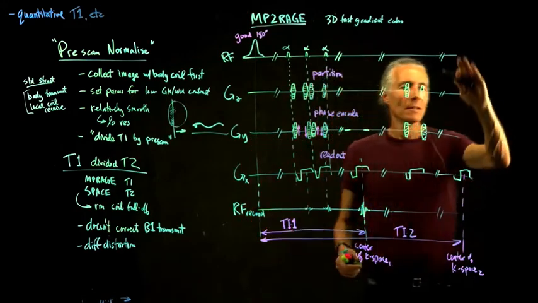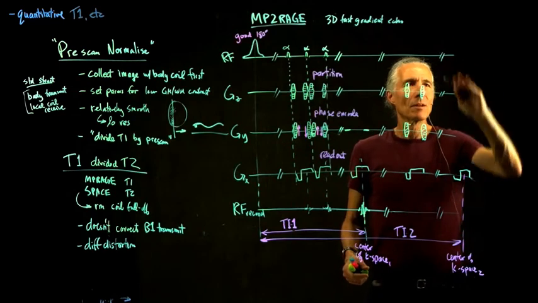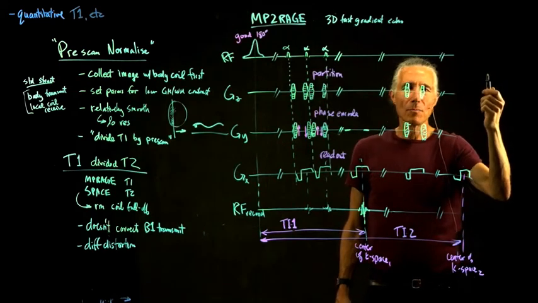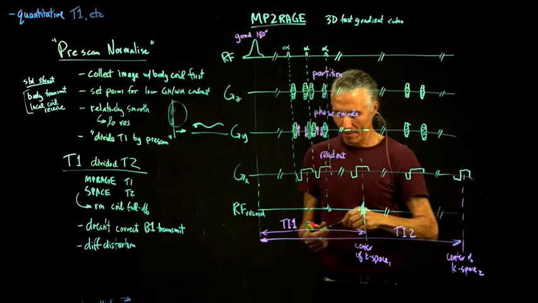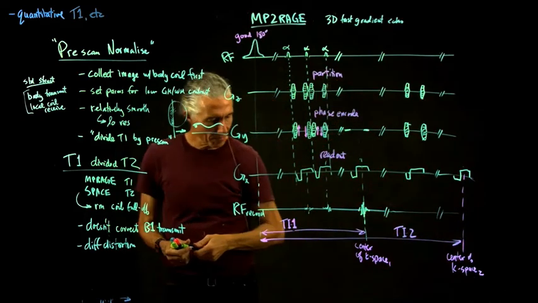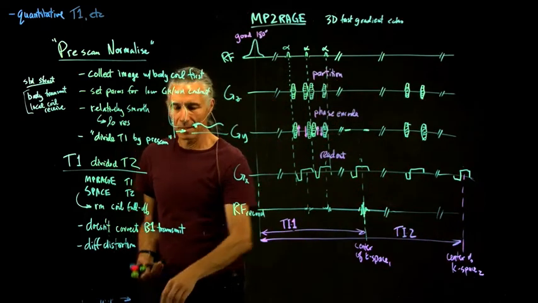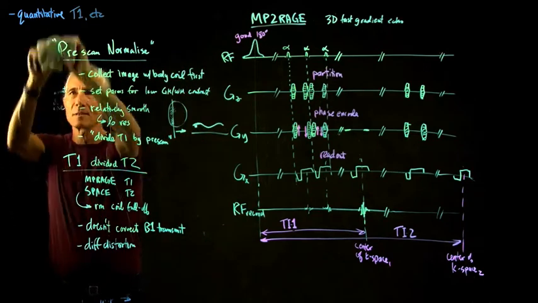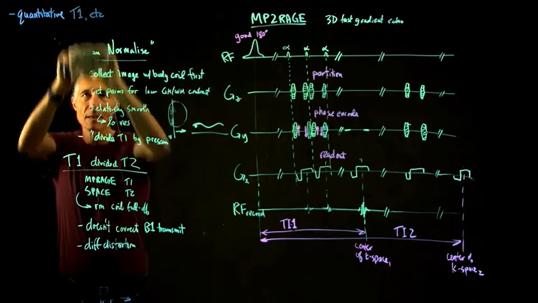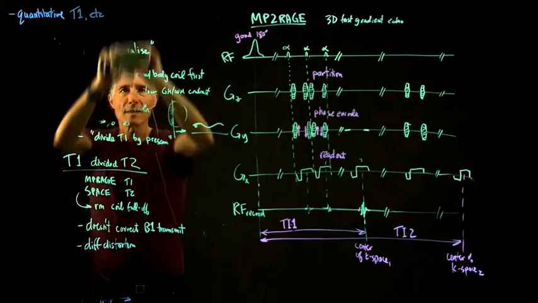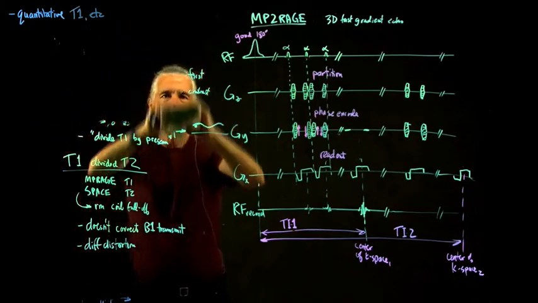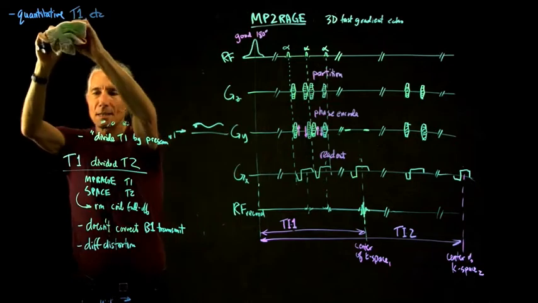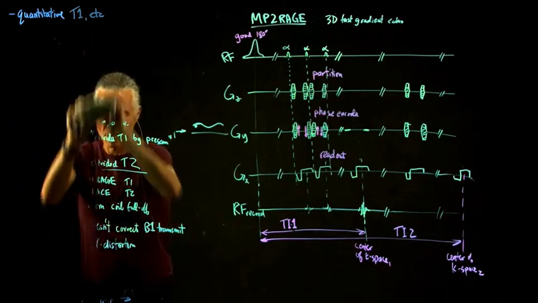And so what our scanner will put out, if I erase this, is it just puts out the 2 images separately, but then it puts out an image that combines them and gives you something that has a quantitative number.